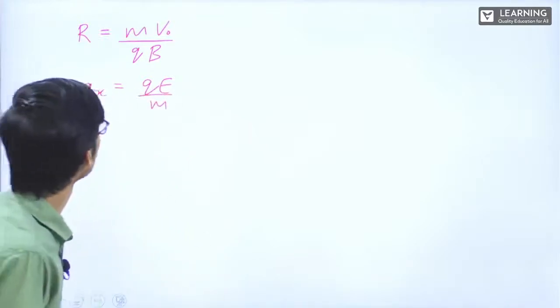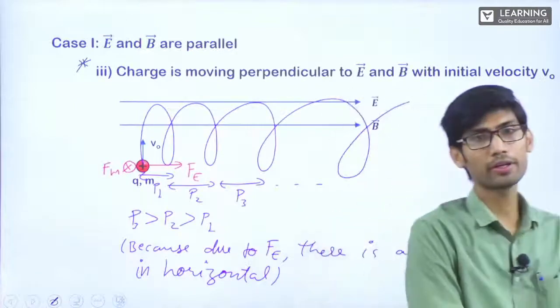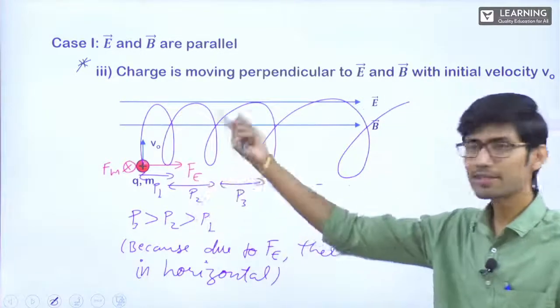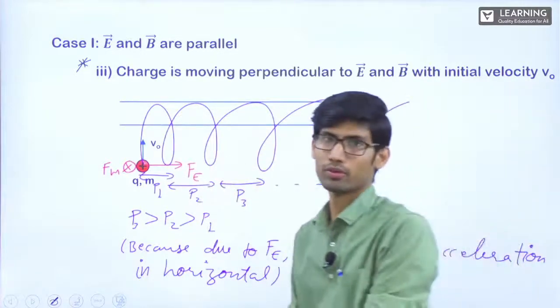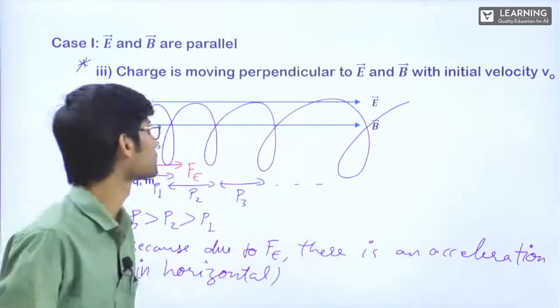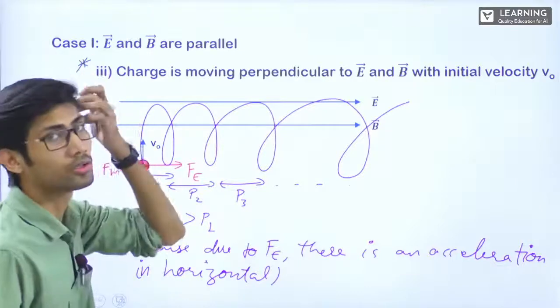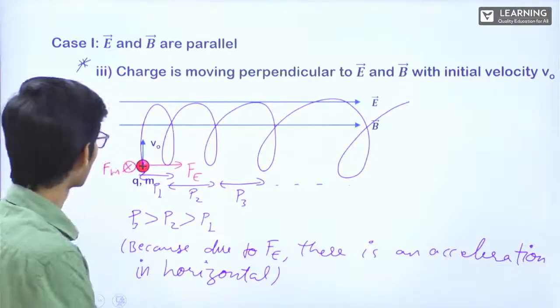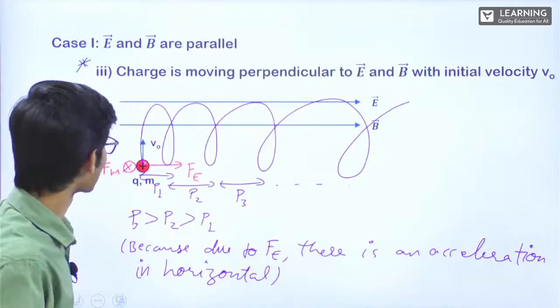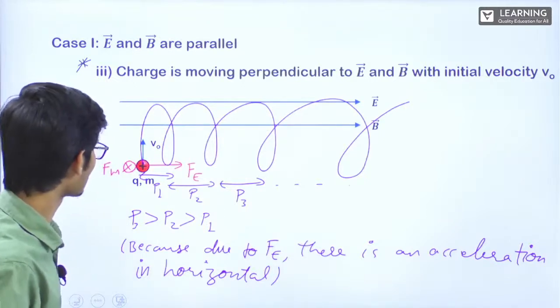Time period. For one circle, the time period is independent of velocity. It is 2 pi m upon QB. Done.